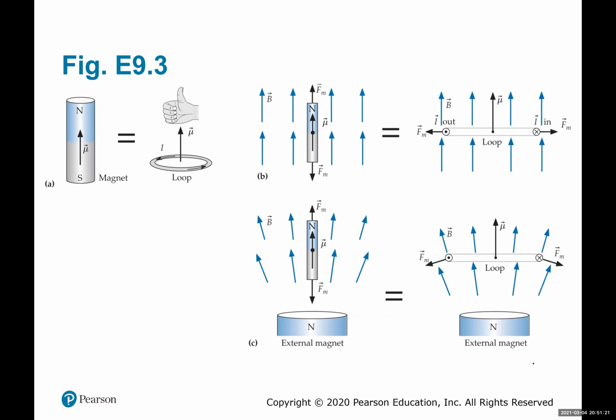This trick works with a bar magnet. This trick works with a current loop, because all we care about is the magnetic dipole moment. We draw the magnetic dipole moment mu in a uniform field.